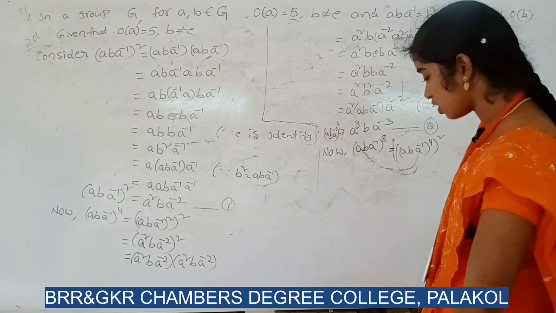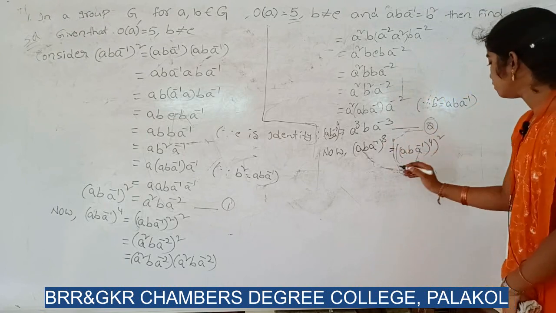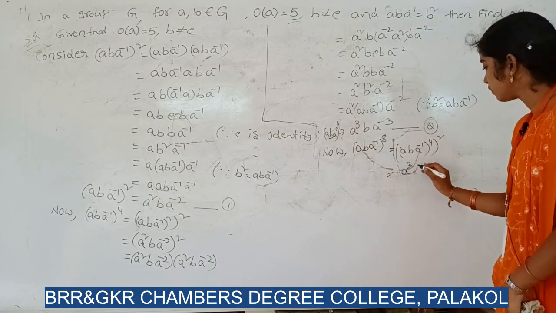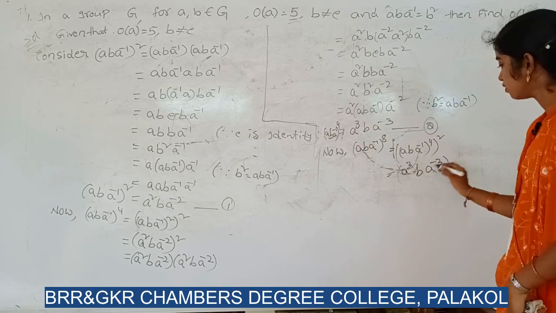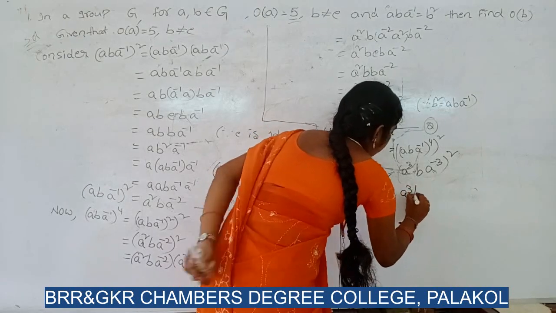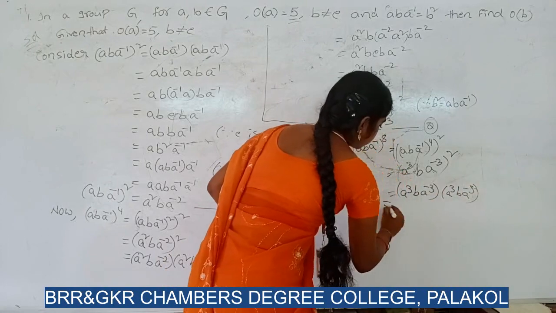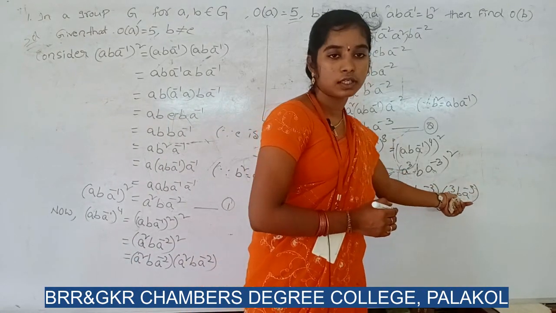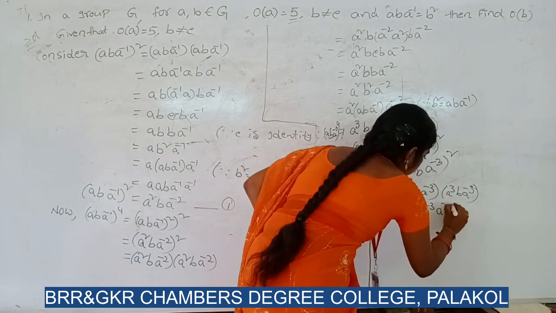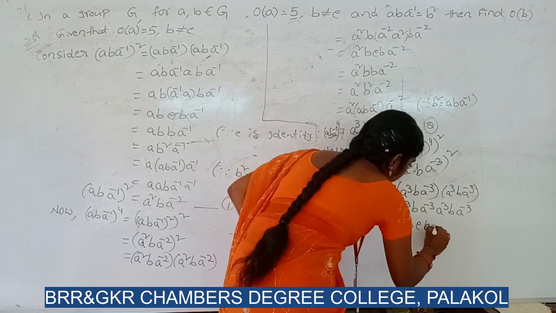Continue this process: (a b a inverse) whole power 4 whole square, which is 4 into 2. Already you know that (a b a inverse) whole power 4 can be written as a cube b a power minus 3, so (a cube b a power minus 3) whole square is a cube b a power minus 3 into a cube b a power minus 3. Here a power minus 3 into a power 3 value is e, so a cube b, e, b a power minus 3.